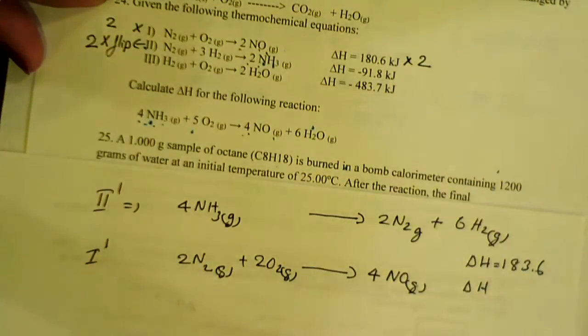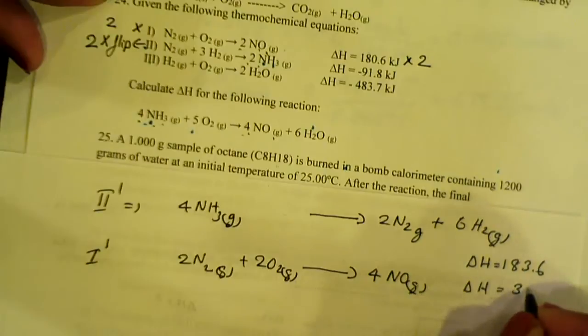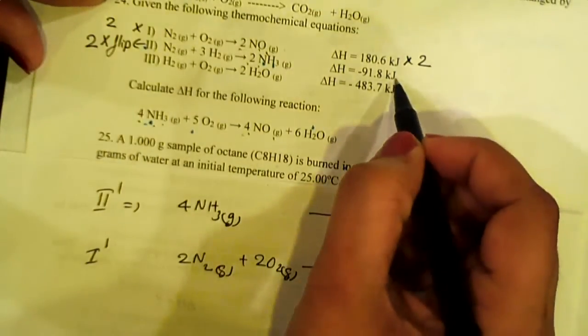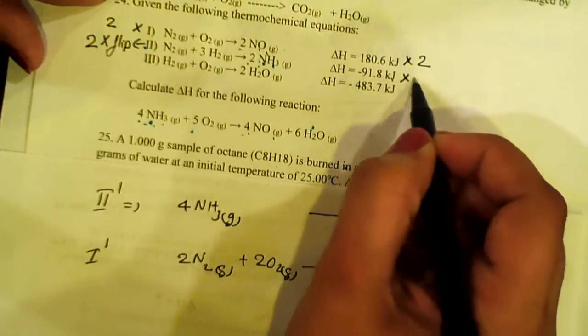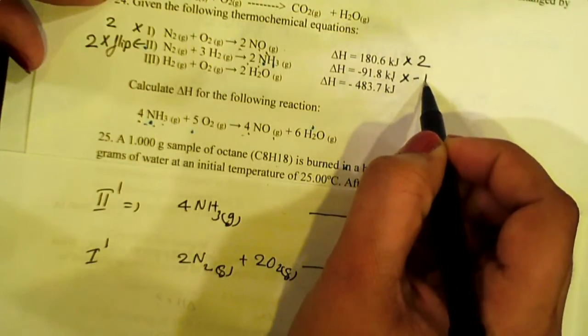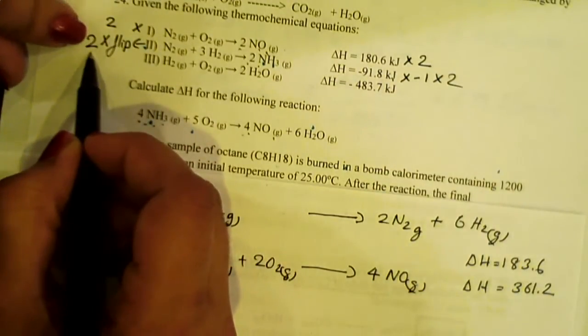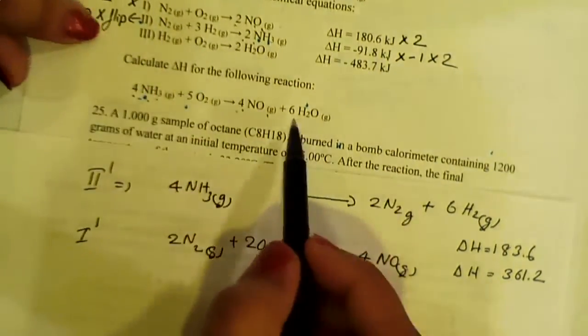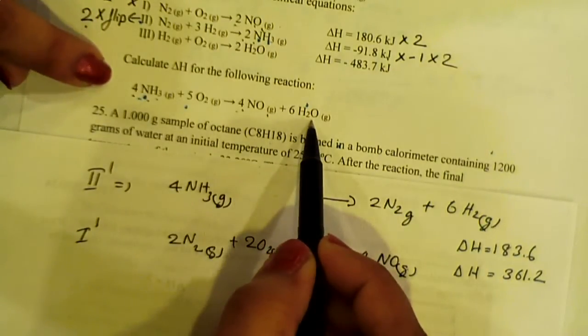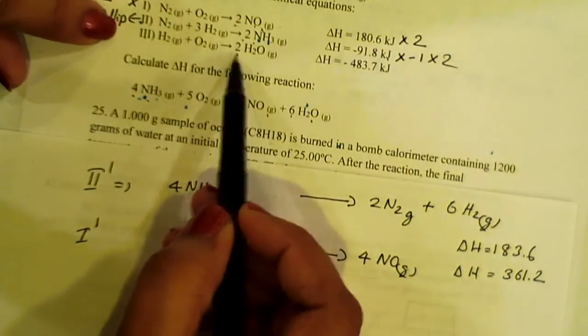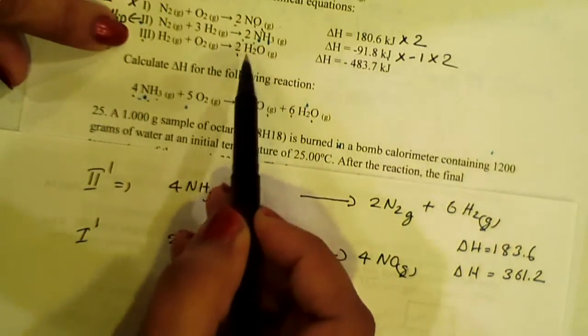So the new first equation will be 2 N2 gas plus 2 O2 gas gives you 4 NO gas, and the delta H for the reaction, you have to multiply by 2. So 180.6 times 2 is 361.2.